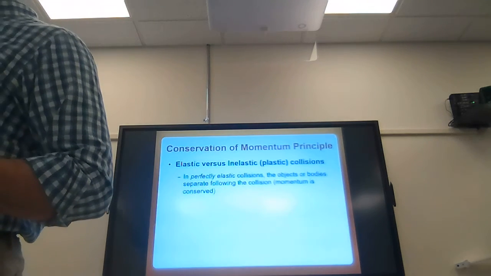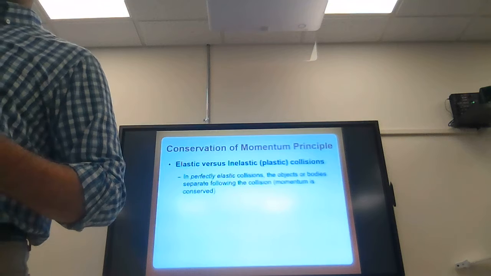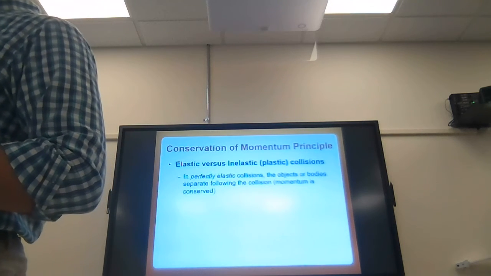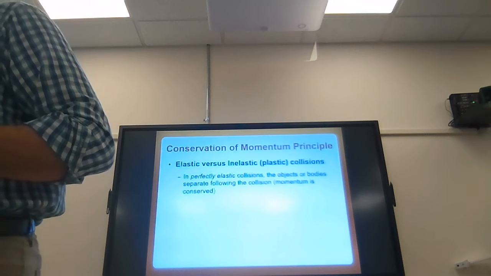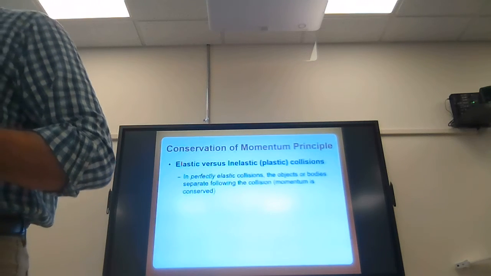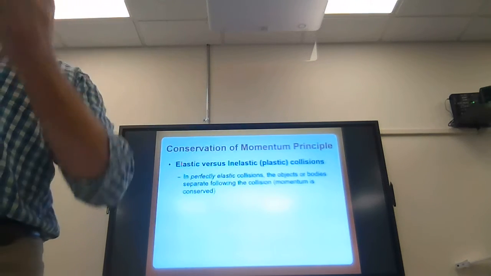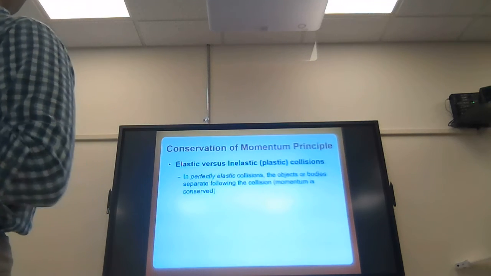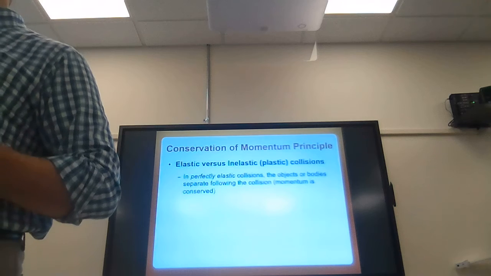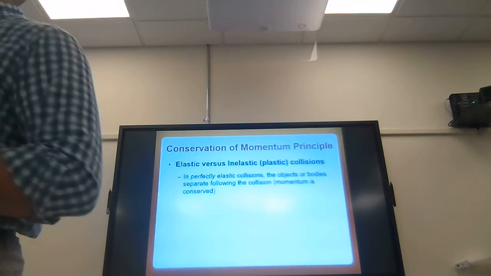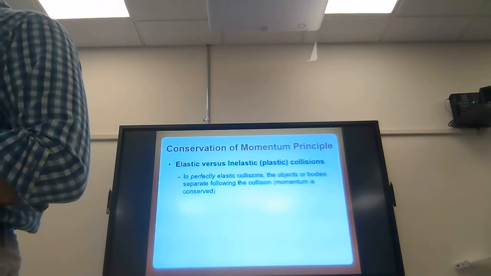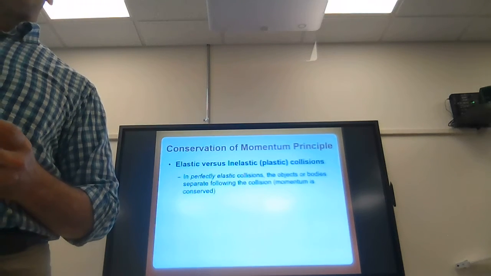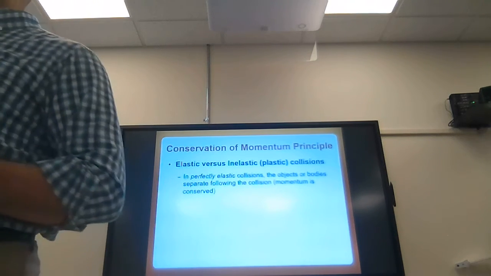Like if I held a basketball up at a height of 6 feet and I dropped the ball, it's going to accelerate towards the ground, and if the ball has the right amount of pressure in it, it's going to bounce. Okay, but does the ball bounce to the same height that I dropped it? No, it doesn't. So there's a little bit of momentum lost in that collision with the ground, right?